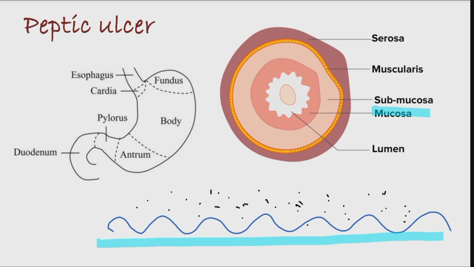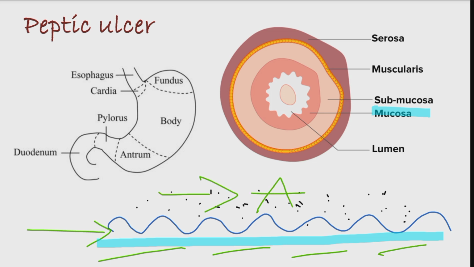So here, the mucous membrane protects the wall of the stomach from the acid. But because of breakdown in this mucous membrane, the acid will enter into the wall of the stomach and cause lesions or wounds. That is called peptic ulcer.